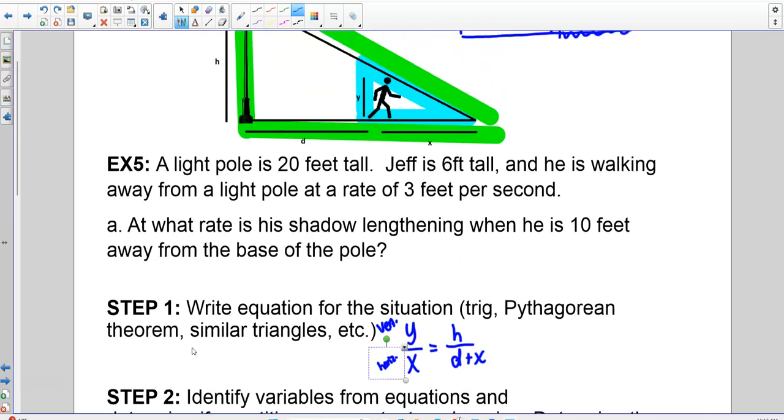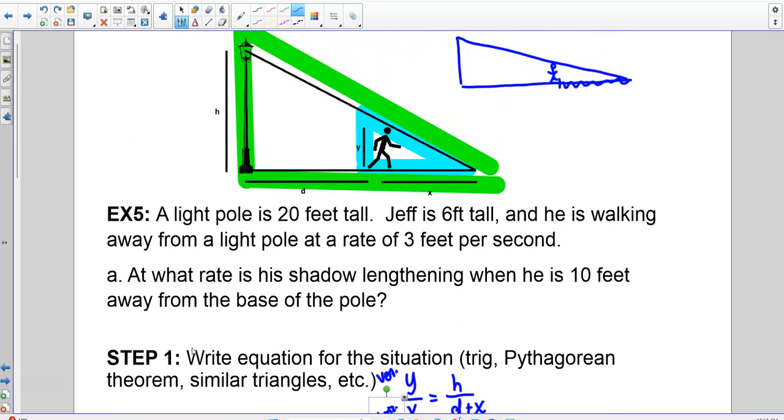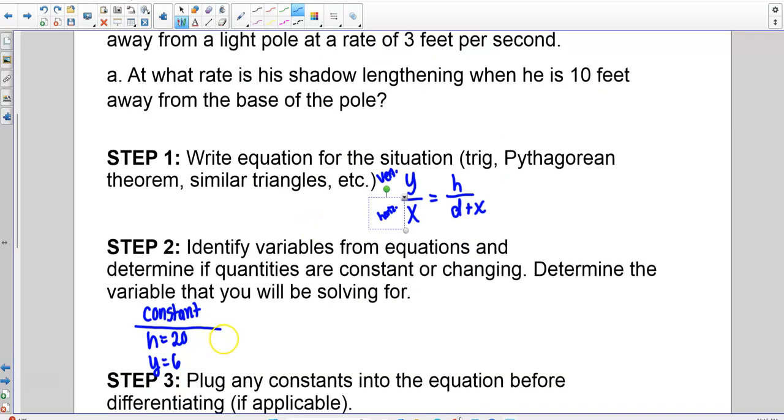So what would that be? dd dt. It is the rate at which Jeff's distance from the light pole, which is d, is changing. So dd dt is 3.